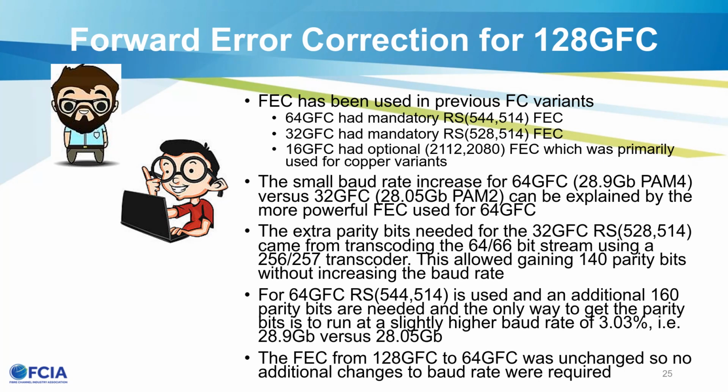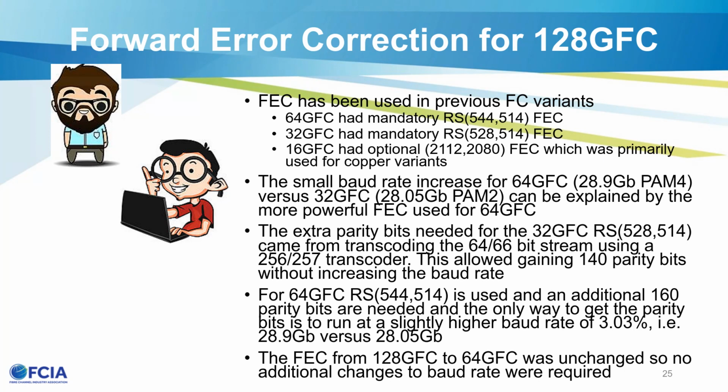I highlighted this earlier when somebody asked why we were running at 28.9 for 64 GFC instead of just doubling it to 28.1. Bottom line is we had 160 additional parity bits we needed, and we needed the additional line rate to be able to account for those.